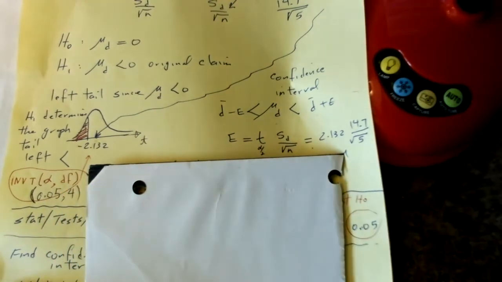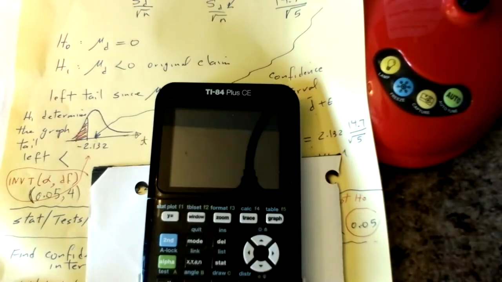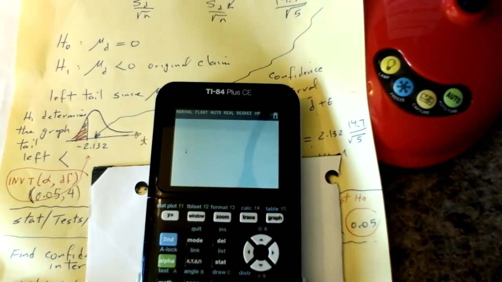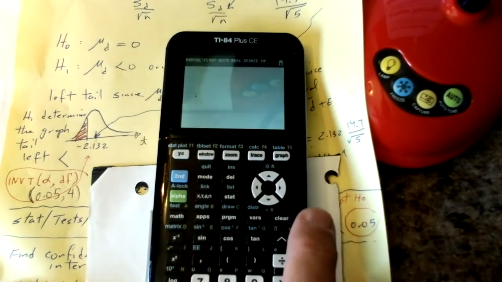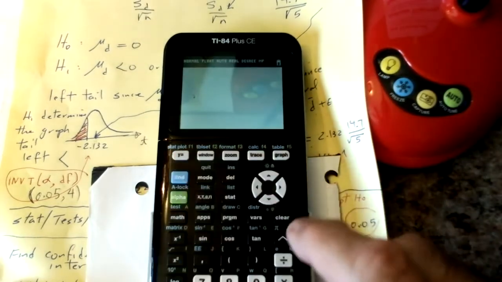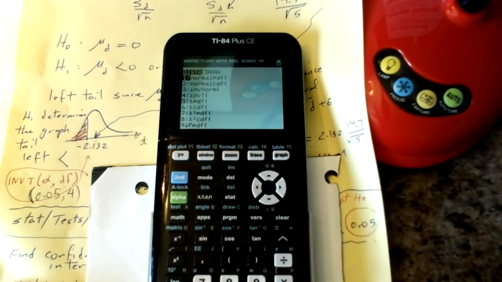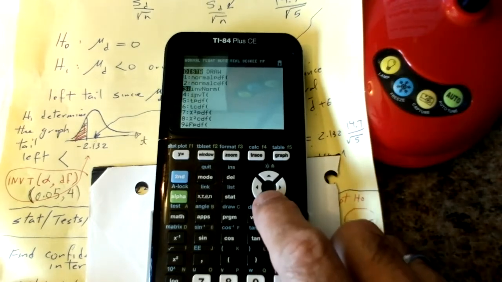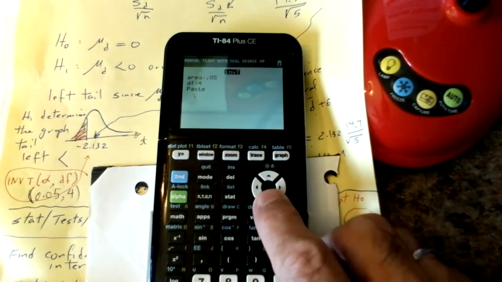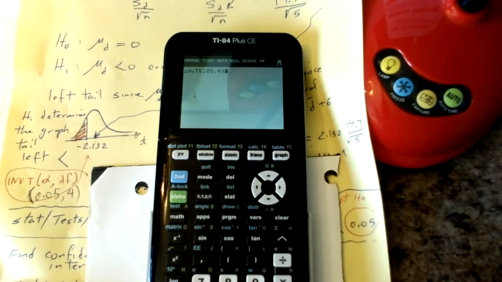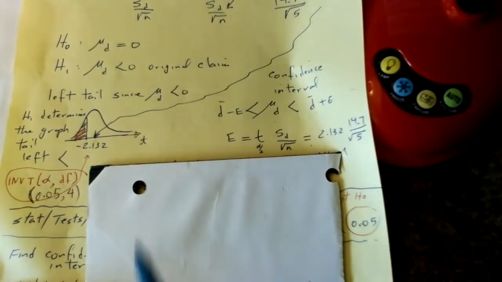Okay, so in that case, you just go to second, go to number 4, inverse T. The area, the significance level, is 0.05, DF is 4, and then go ahead and paste. That gives you that number, minus 2.13. That's the number that we use here.